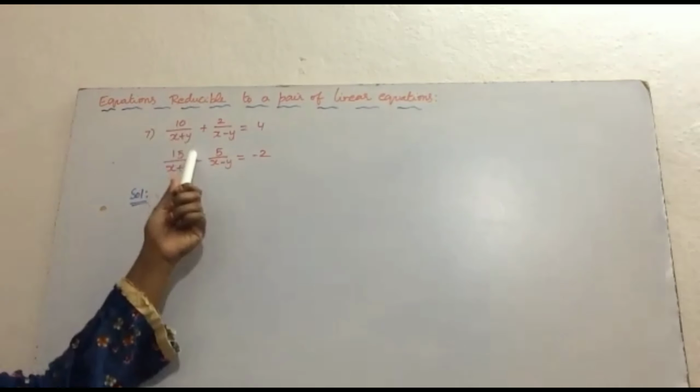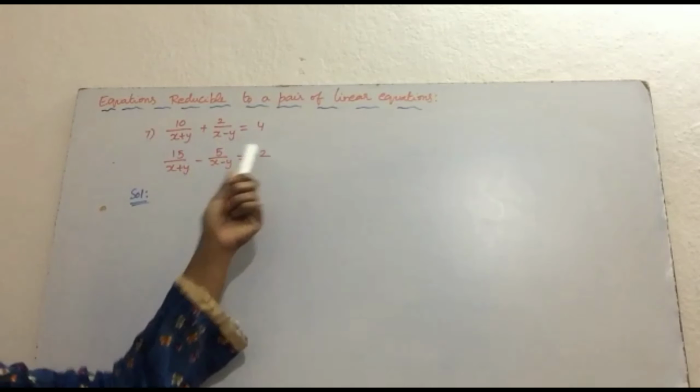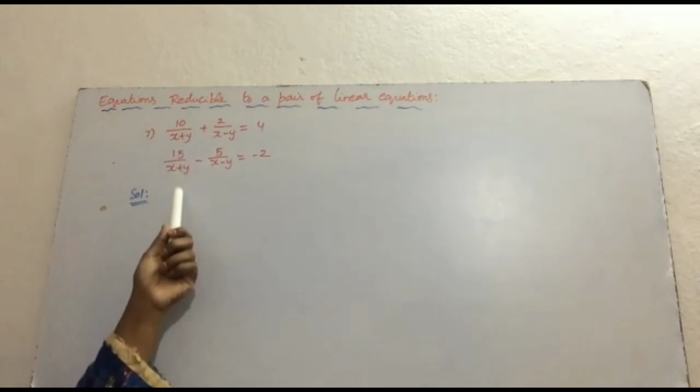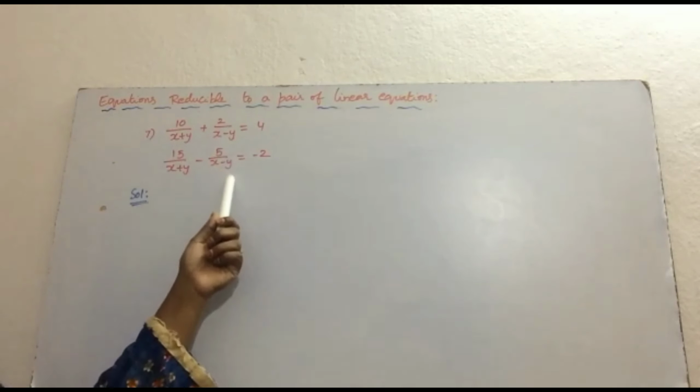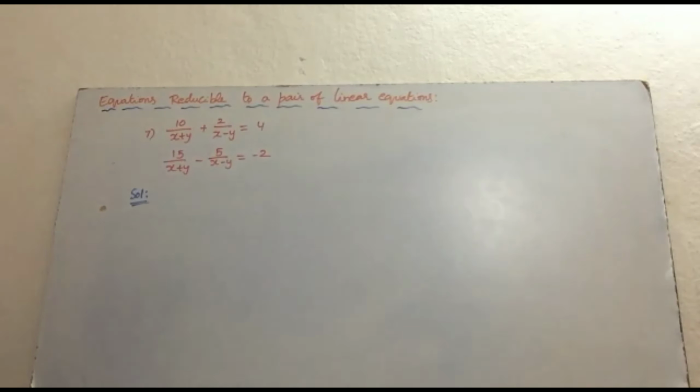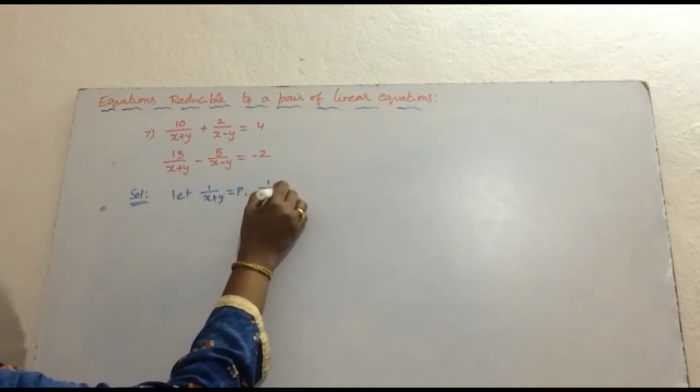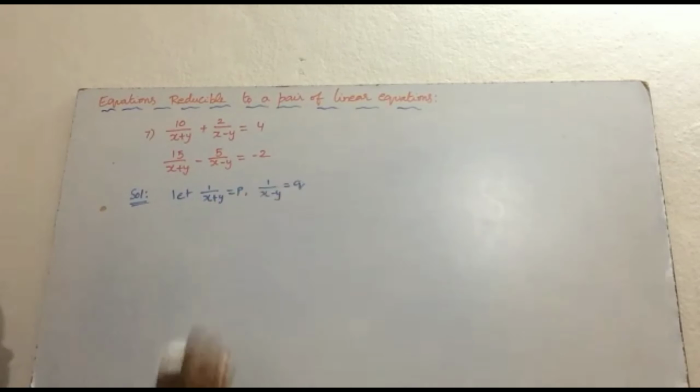Problem. 10 by x plus y plus 2 by x minus y equal to 4, and 15 by x plus y minus 5 by x minus y equal to minus 2. Let 1 by x plus y is equal to p and 1 by x minus y is equal to q.